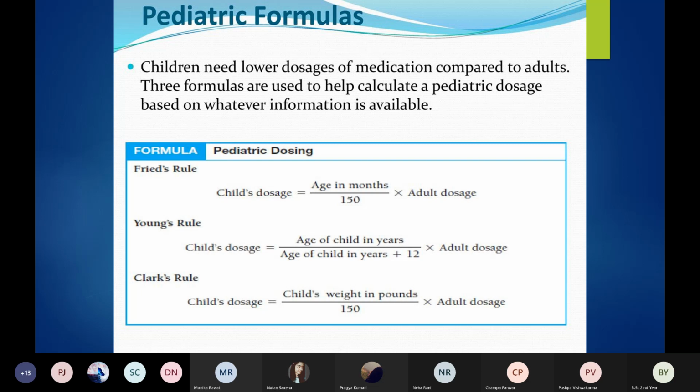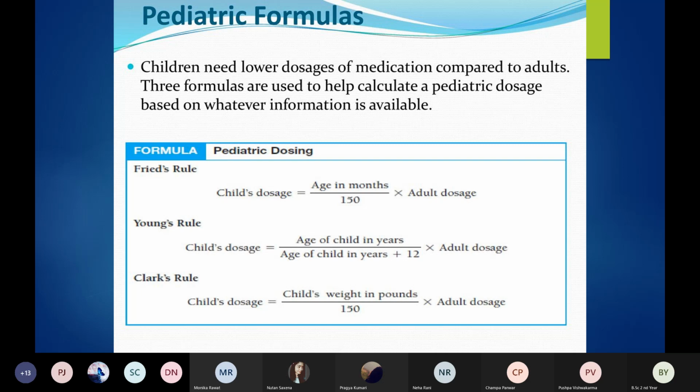Yesterday I taught you about the conversion, how to convert 1 kg to pounds, 1 ml to liters, or 1 mg to gram. Those conversions are very important whenever you have to calculate the dose of the medicine.